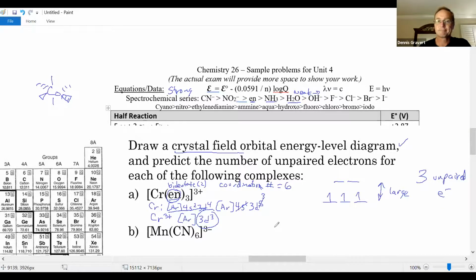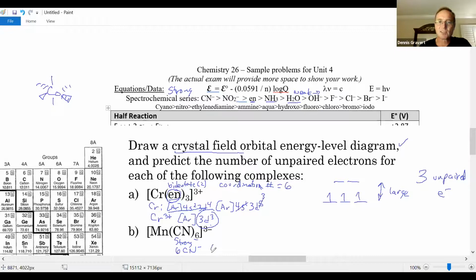Done. All righty, let's try Mn with cyanide. Well, what kind of field ligand is that? One of the strongest. Okay, so that's strong field. There's 6 of them. It's octahedral again. What's the charge on manganese? Let's go there. Well, the net charge on the complex is a -3, but the cyanides right here, that's a -1.